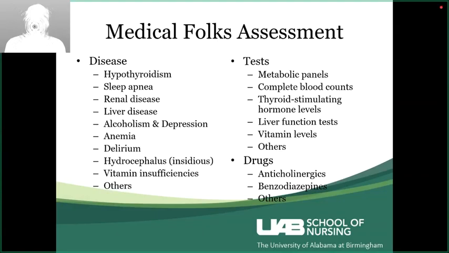So medical folks are going to go through all of these diseases and tests, and we're going to try to find the answers that make more clear the person's point in life. Where are they with their health, their diseases? What are they able to do? Is there a disease that we can correct, cure, or manage that's going to give them a better quality of life? So laboratory tests are listed here, and these are some of the more common ones.